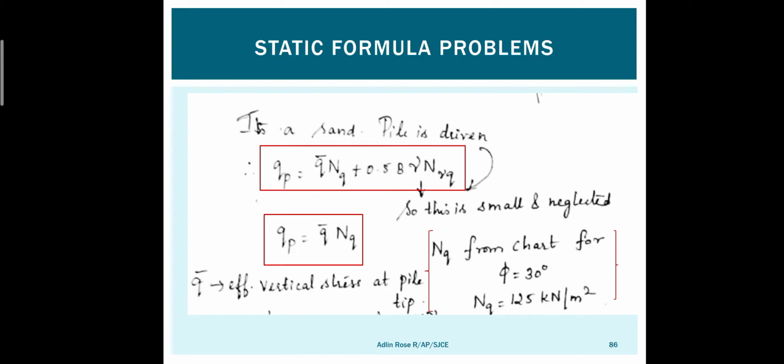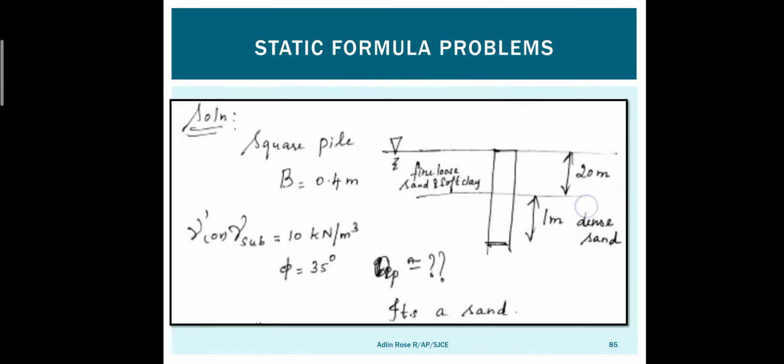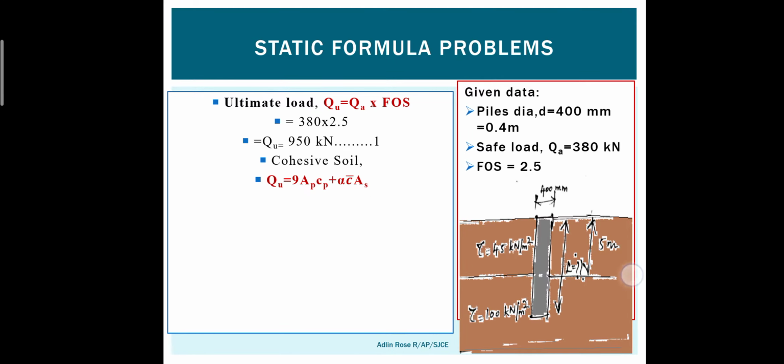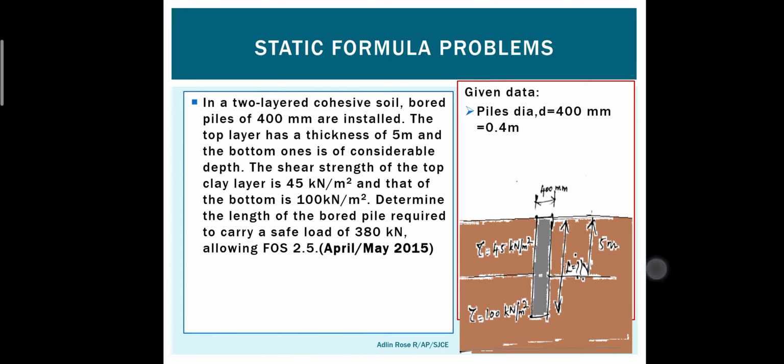Okay, so since it is a sandy soil, the formula is going to be QP is equal to Q bar NQ plus 0.5 B gamma N gamma. When you recall the formula, when you go back to the formulas, you can note down the formulas here.